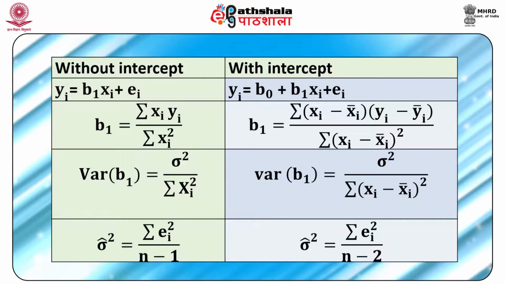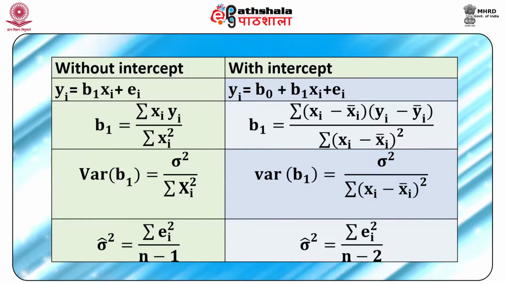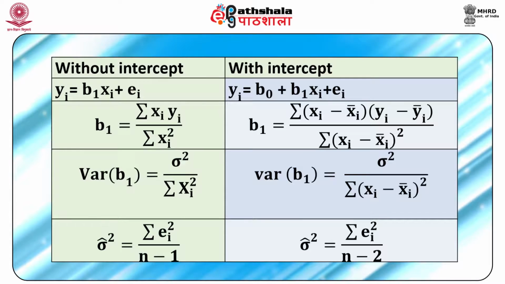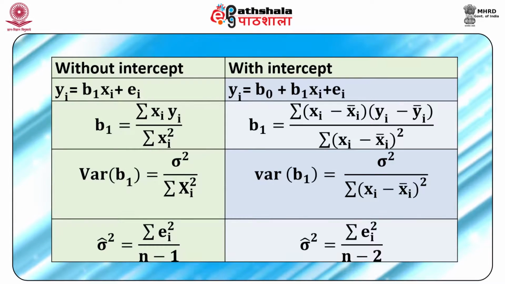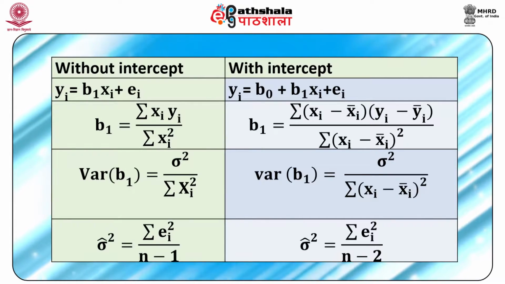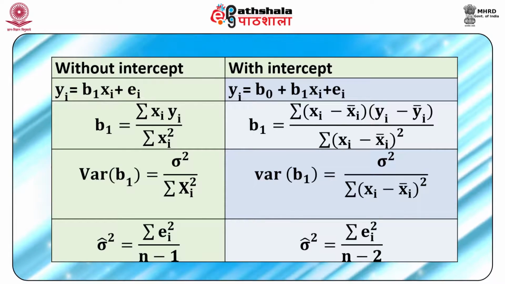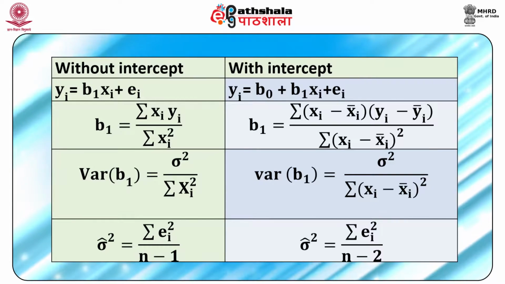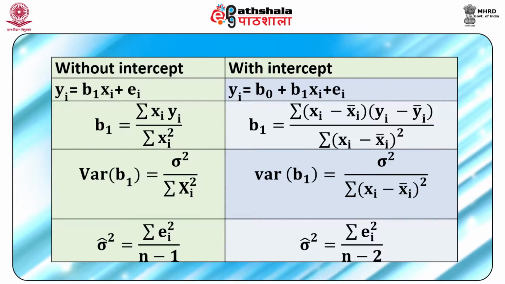These Xi, Yi and Xi squares are raw values, whereas in the with-intercept model b1 comes out to be equal to sigma (Xi minus X bar) into (Yi minus Y bar) upon sigma (Xi minus X bar) square, which has also been written as sigma xi yi upon sigma xi square, where in this case xi and yi are deviations from their arithmetic mean.